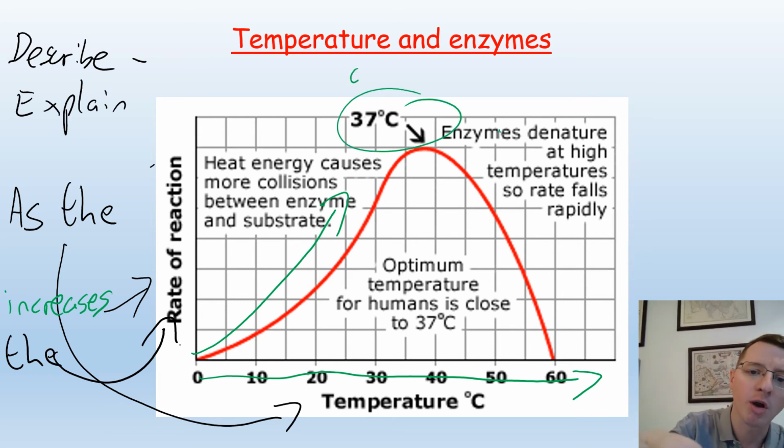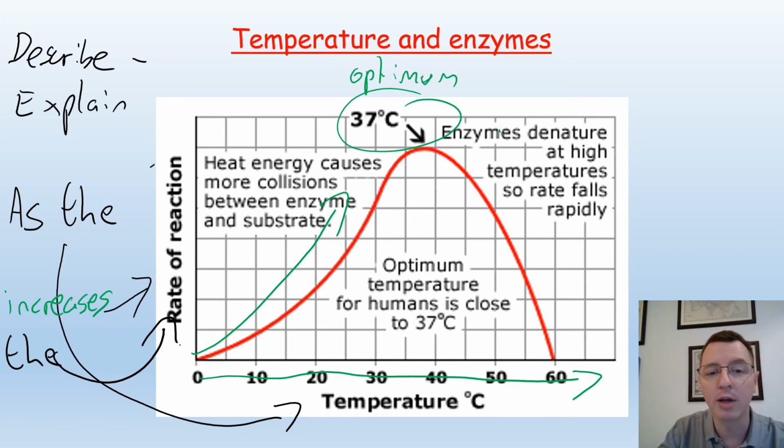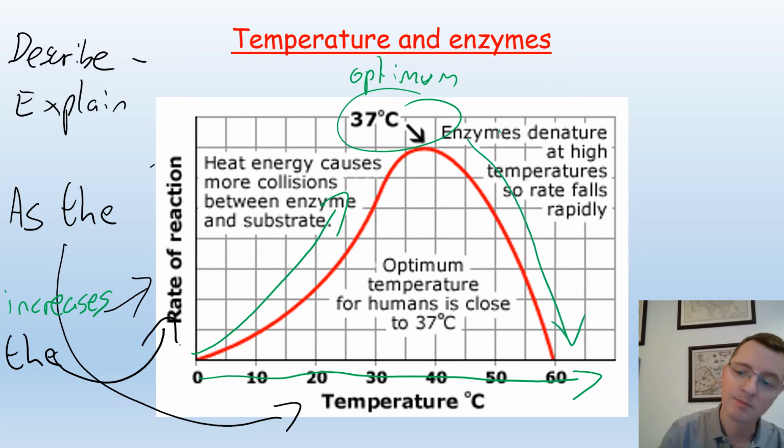This is known as the optimum temperature. As the temperature increases, the rate of reaction increases up to an optimum temperature of 37 degrees. But we've only described half the graph. We then need to use our sentence again. After 37 degrees, as the temperature increases, the rate of the reaction decreases.